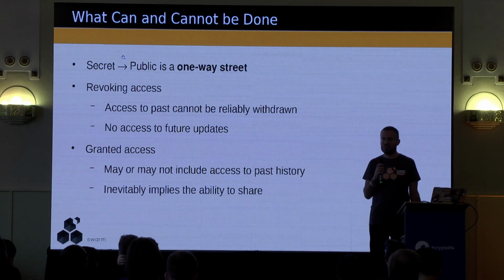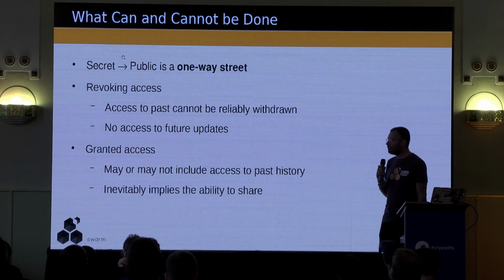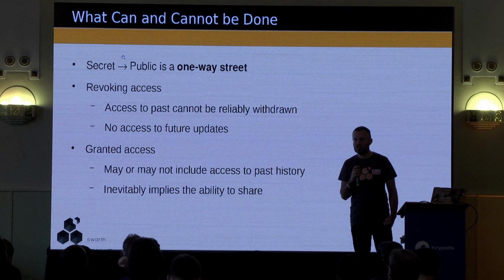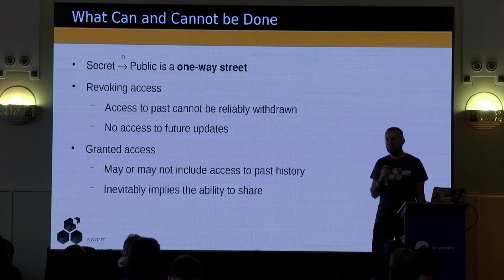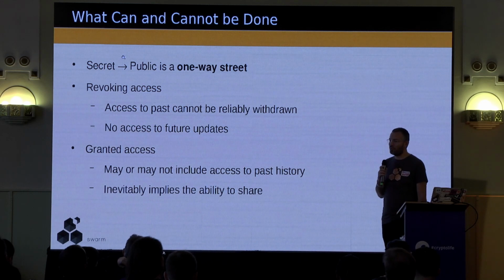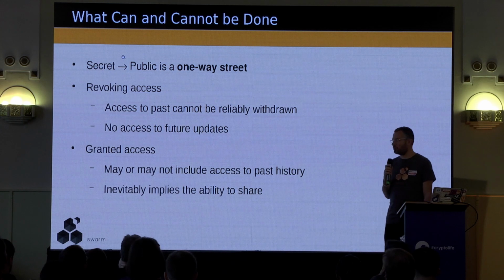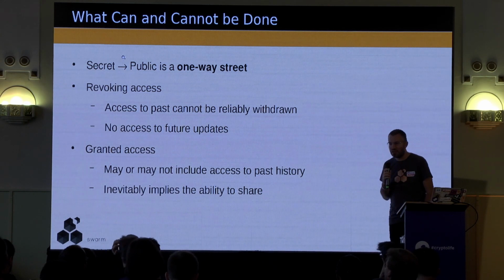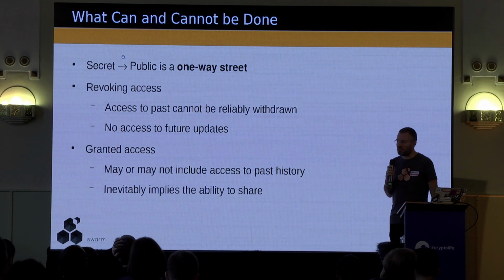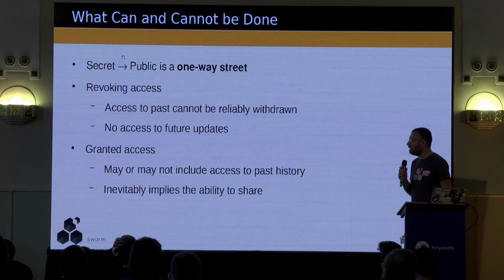You cannot force them to forget the keys that they have been exposed to earlier. But it does mean that if there are future updates to some kind of private content, the parties that have been excluded are no longer able to access anything new, but they will still have access to old data or old versions of data. But of course, that data will be eventually garbage collected, but they might have saved it for themselves. So you cannot count on them not having access to it.